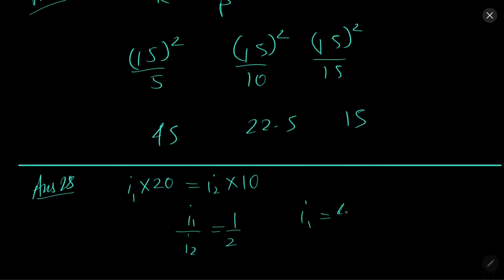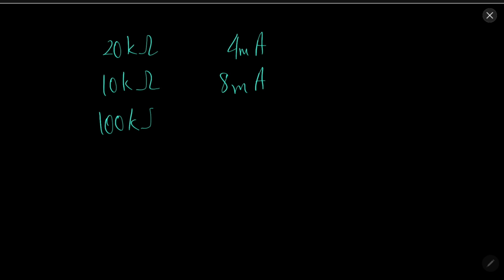I1 will be 4 milliampere. I2 will be 8 milliampere. So through 20 kilo ohm resistor it will be 4 milliampere. Through 10 kilo ohm resistor it will be 8 milliampere. Through 100 kilo ohm resistor they all will add up, 12 milliampere current.